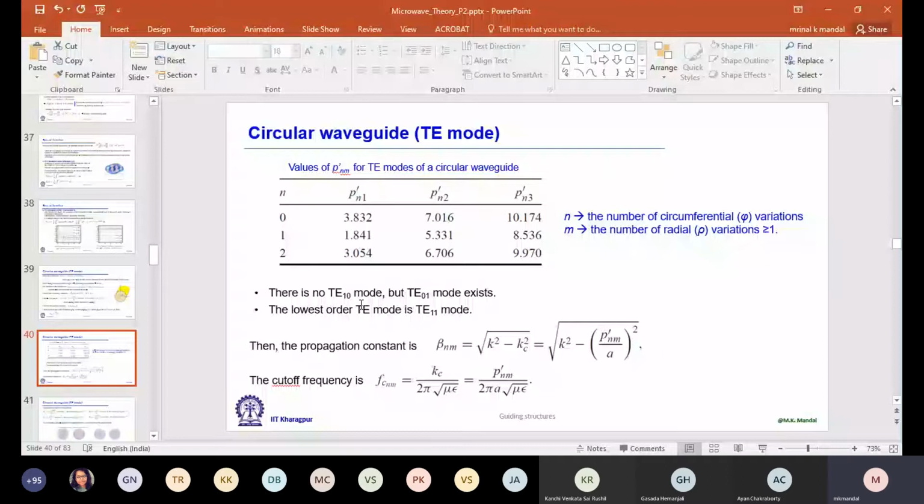For TE10, which does not exist, we would expect variation along the circumference and no variation along the radius, which does not exist. But we have a TE01 mode, for which we don't have any variation along its periphery, but if we follow the radius, we have one single variation. So that's why the TE01 mode exists.